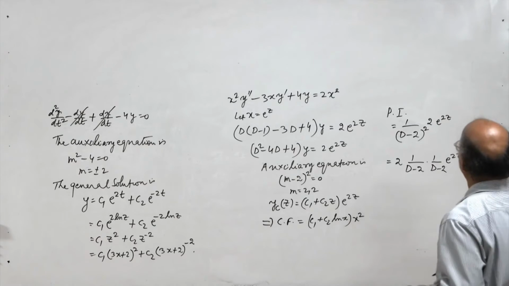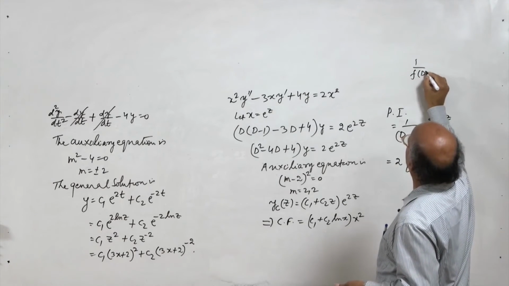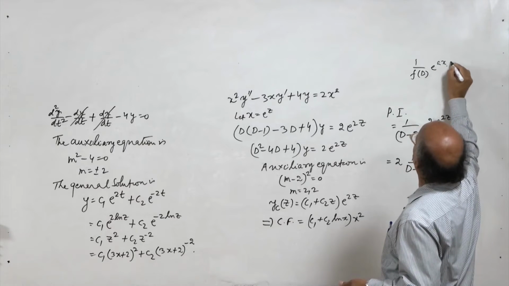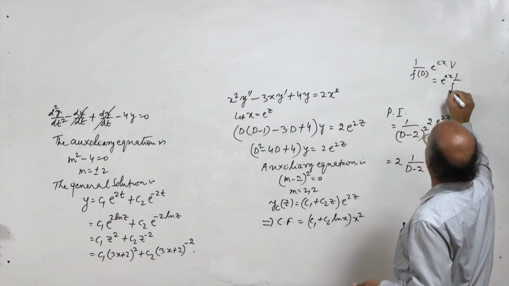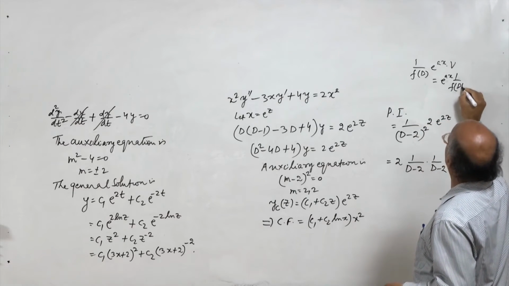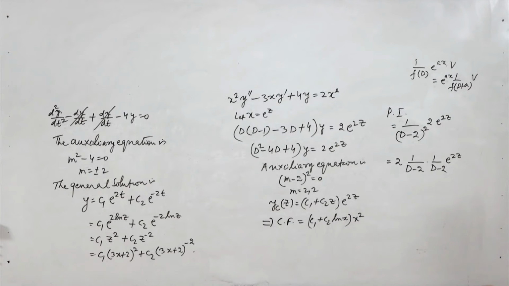Now, let us apply the formula 1 over f D e to the power ax into b, where b is a function of x. So, e to the power ax comes out. In case f D becomes 0 on replacing D by a, we apply this formula.